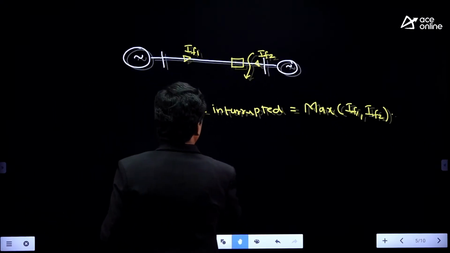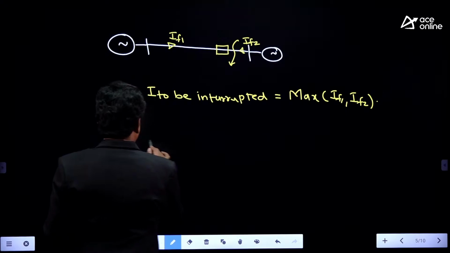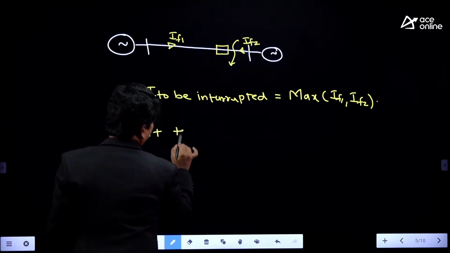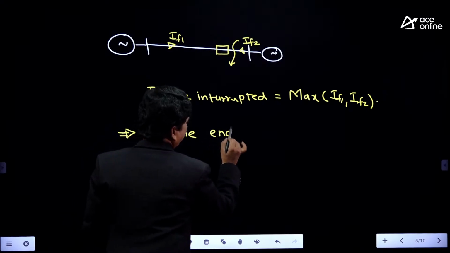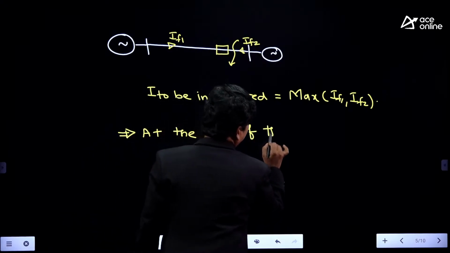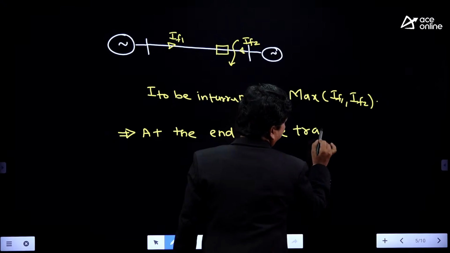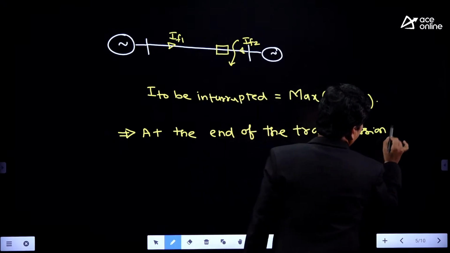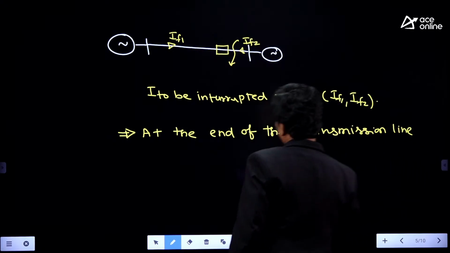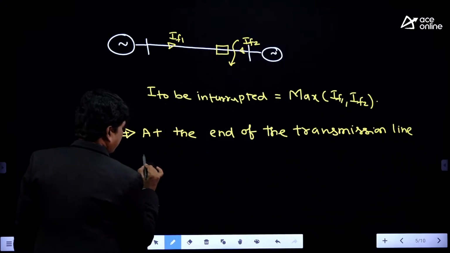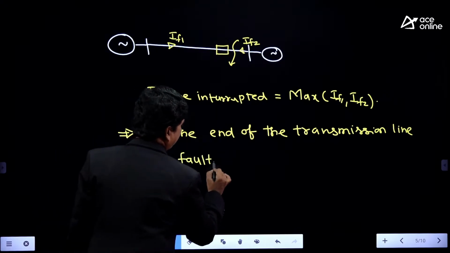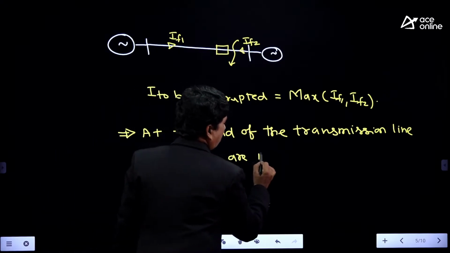Clear? So at the end of the transmission line, three-phase faults are more severe.